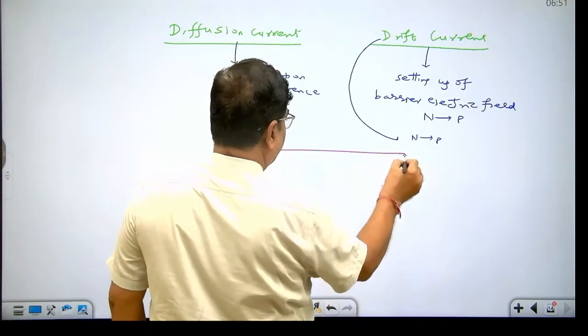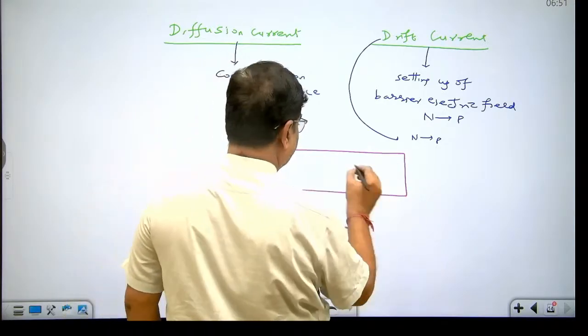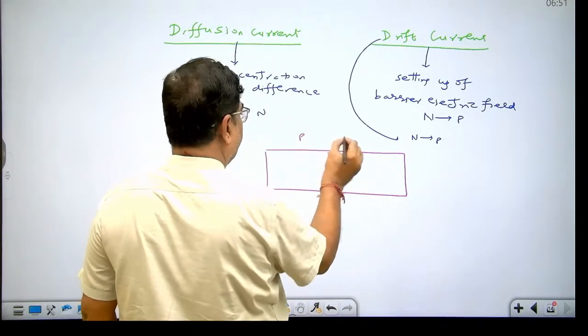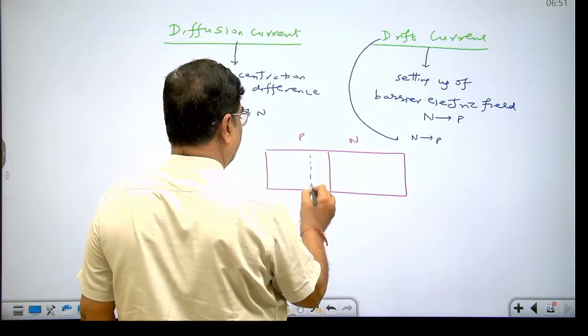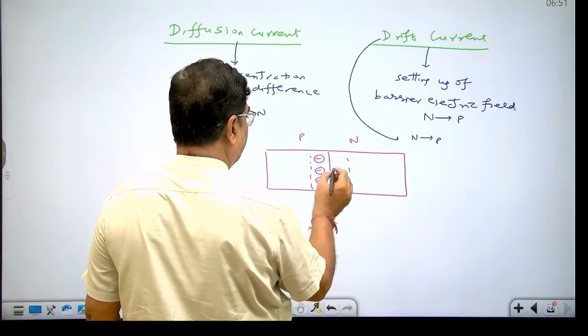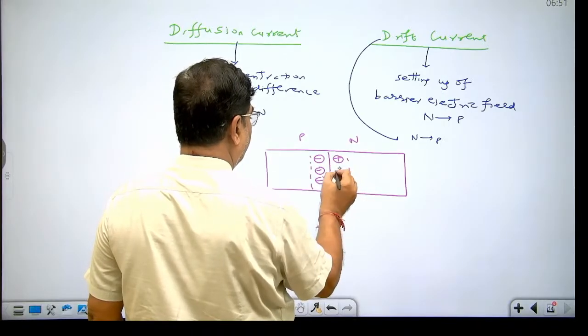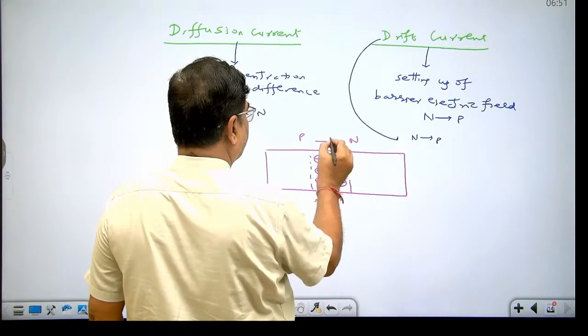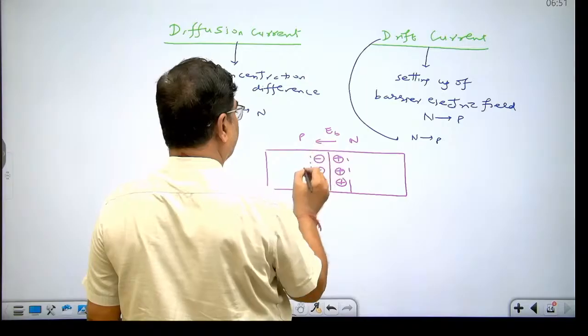This is the diagram. This is P type, this is N type. Here is surplus ion concentration. This is direction of barrier electric field.